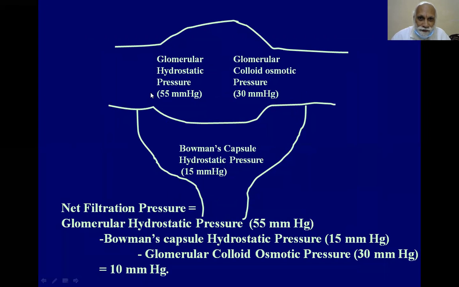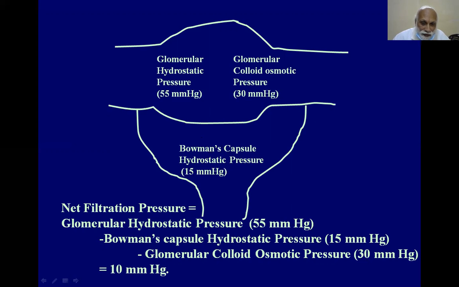So very simply, hydrostatic pressure in the glomerular capillaries and colloid osmotic pressure also in the capillaries of the glomerulus. We deduct this force right away because this is what is working in the capillaries. So 55 minus 30 is 25, and then the opposing hydrostatic pressure in the Bowman's capsule, 25 minus 15, is again 10.